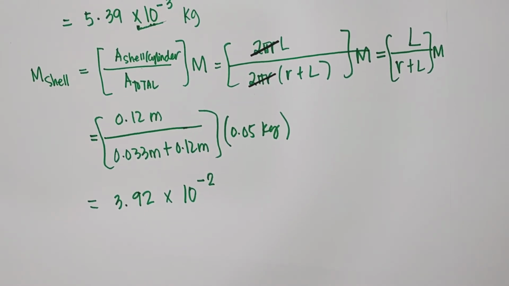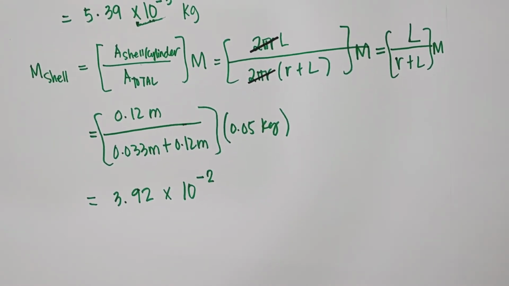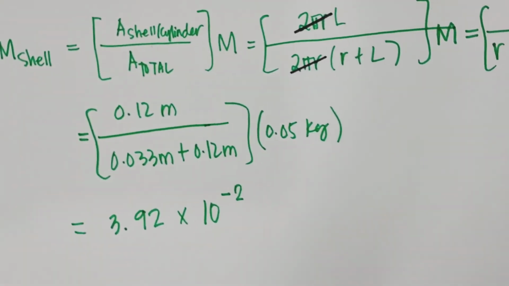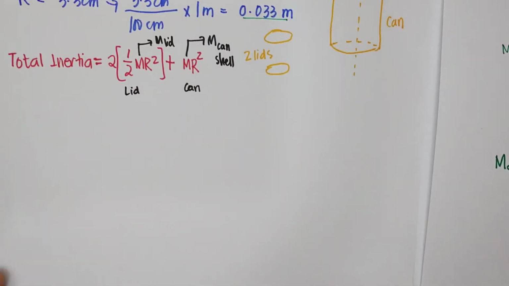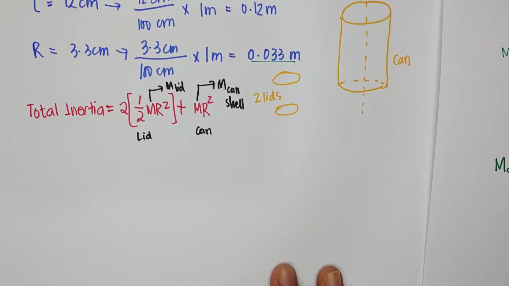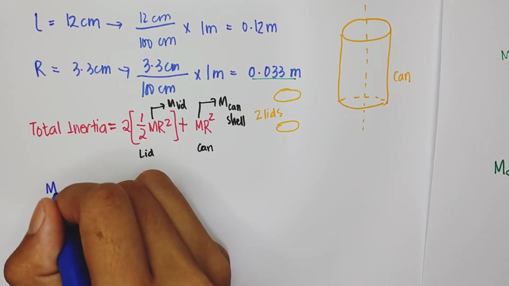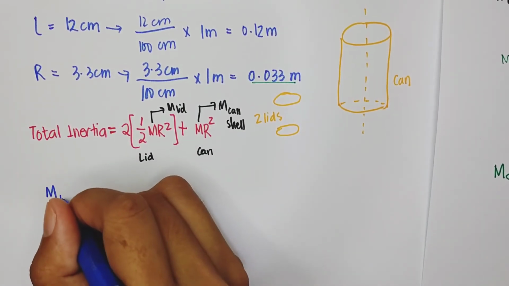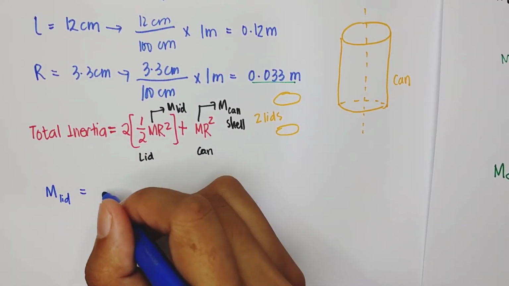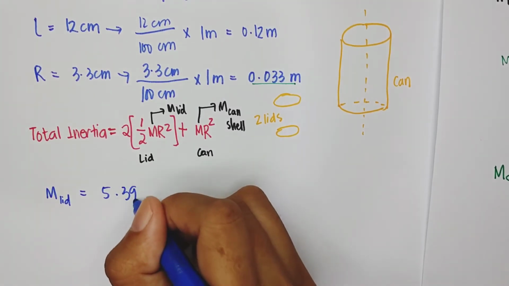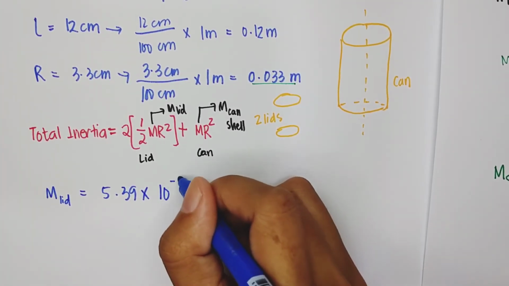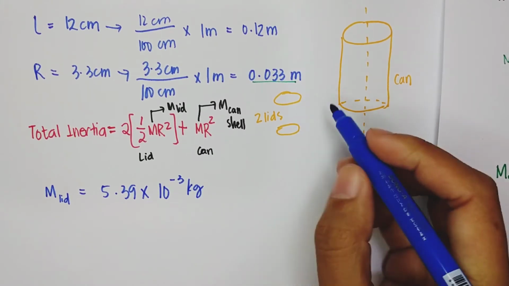Let's now solve for our total inertia. Going back, what are our masses? The mass of the circle, the mass of our lead, is 5.39 times 10 to the negative 3 kilogram.